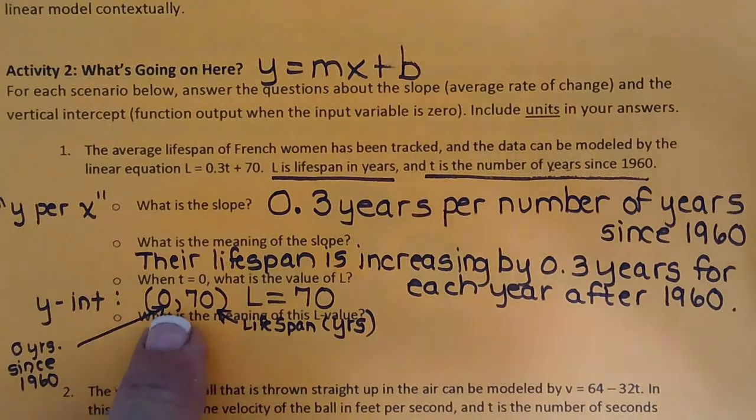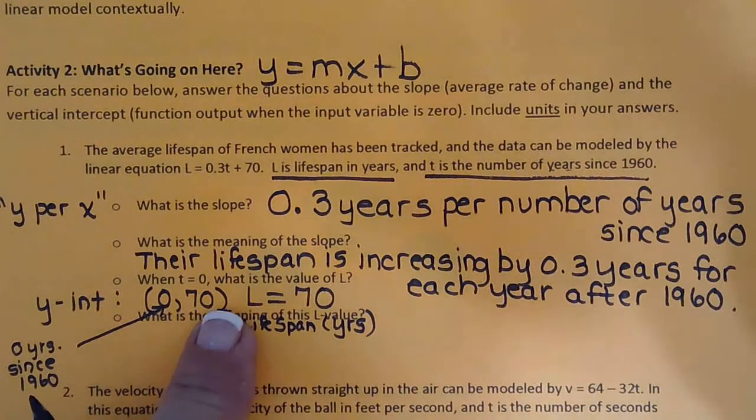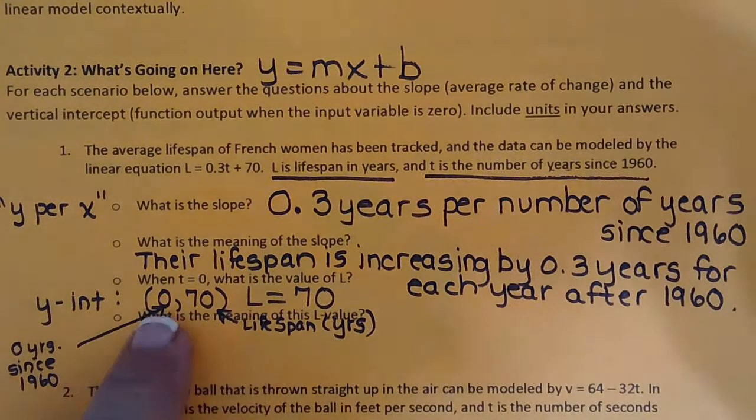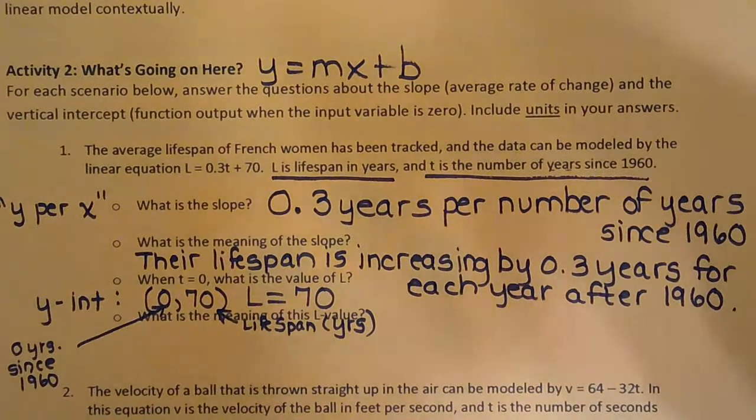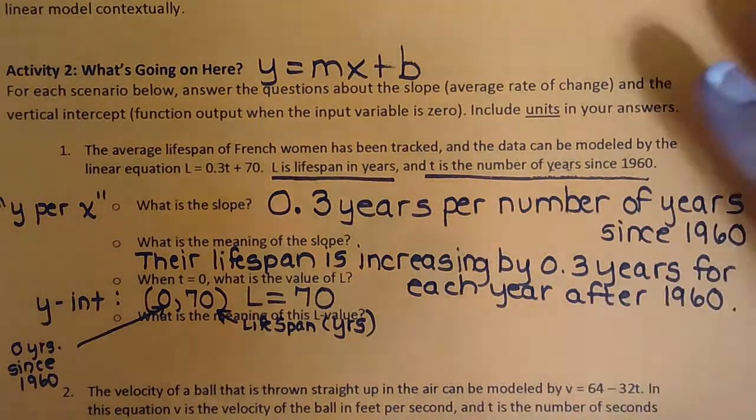So in 1961, it'd be 70.3. In 1962, it'd be 70.6. In 1963, it'd be 70.9. So you just keep adding 0.3 for every year.